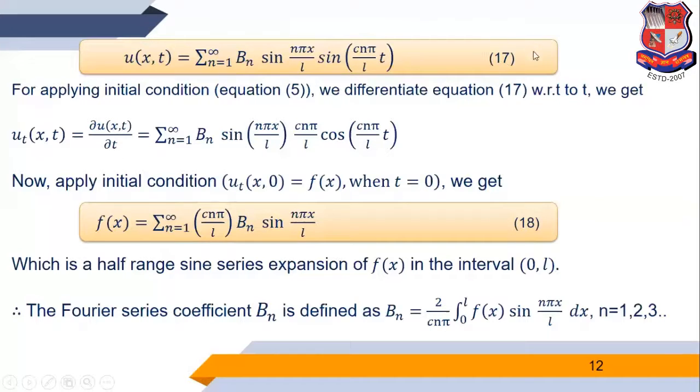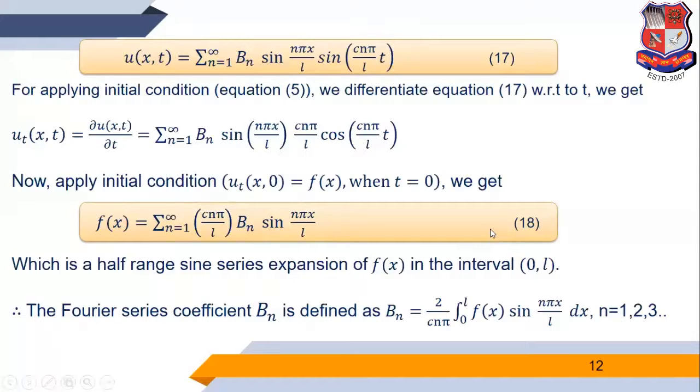So differentiate equation 17 with respect to t, then we get summation n is 1 to infinity bn sin(n pi x by L) into (C n pi by L), and the derivative of sine is cos(C n pi by L into t). Now we apply u_t(x,0) is equal to f(x) when t is equal to 0. So we get f(x) is equal to summation n is 1 to infinity (C n pi by L) into bn into sin(n pi x by L), because cos 0 is 1.